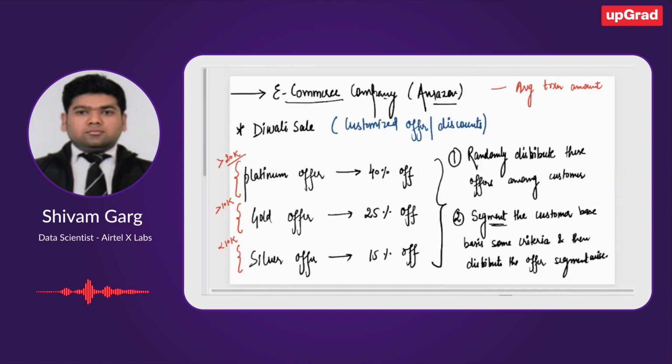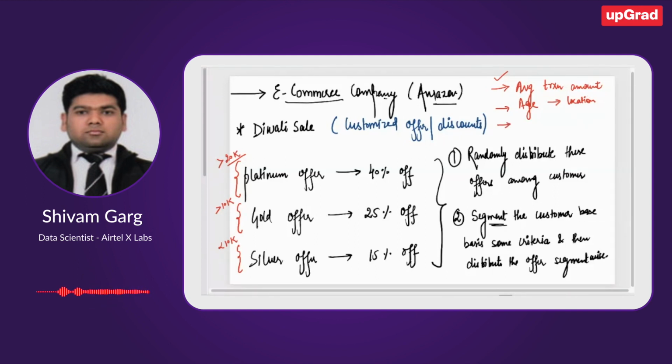So guys, is it possible that a customer may have done transactions which increase the average? Absolutely. Age can also be one criteria. So only the average won't suffice. Average transaction amount, age, you can even say location, from which locality it belongs, like north, west, east, south.